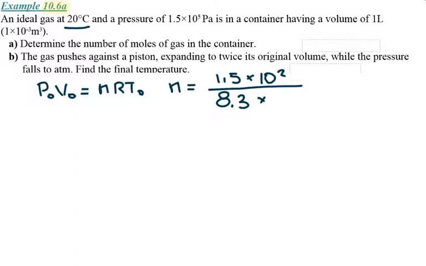So every time I have T, I have to plug in kelvins, so 293, and that will give me the number of moles is 6.168 10 to the negative 2 moles.